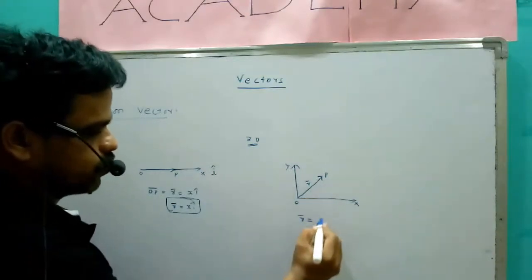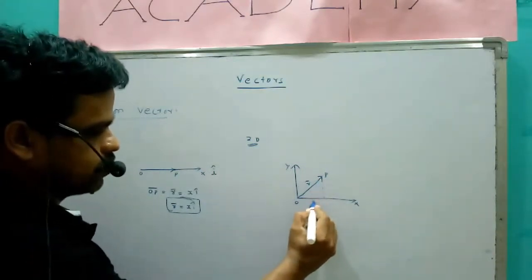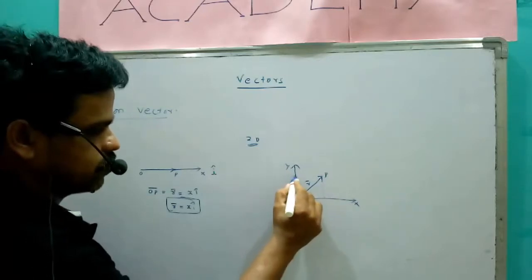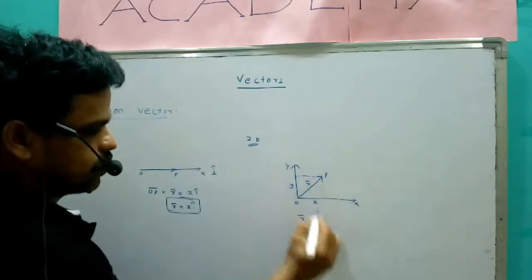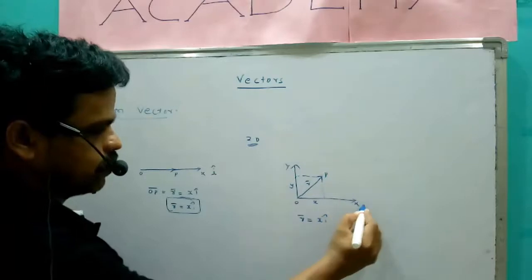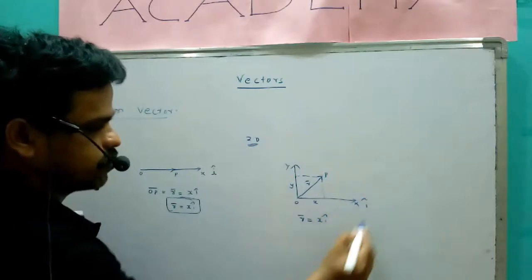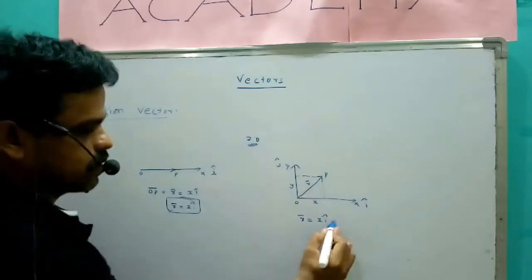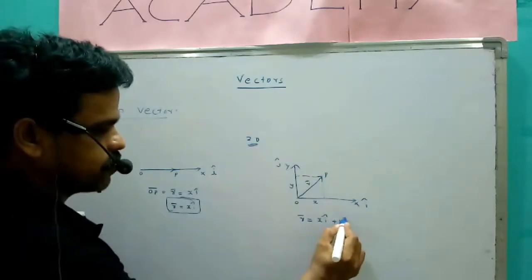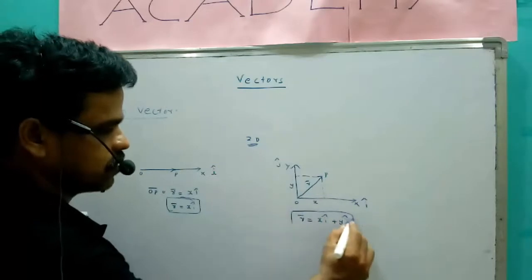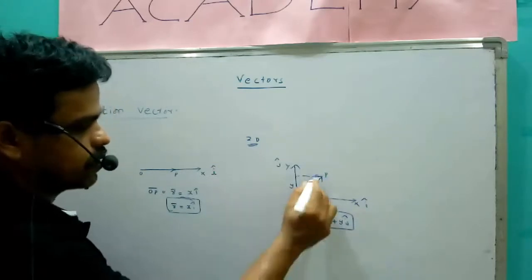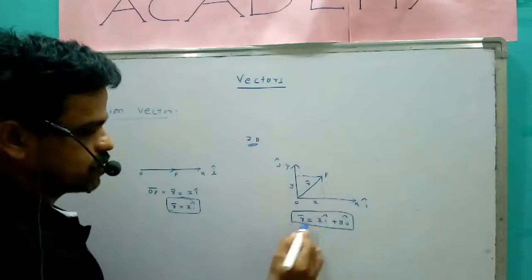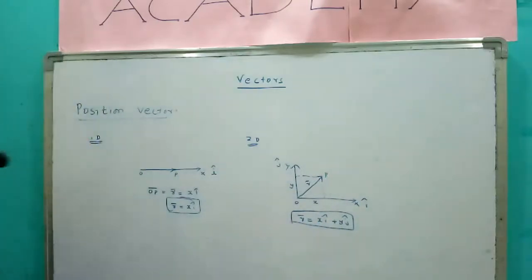We can write it with this x and this y: x i along the x-axis, where i cap is the unit vector, and along the y-axis, j cap is the unit vector. So the position vector of any point or particle in two-dimensional space is x i plus y j.